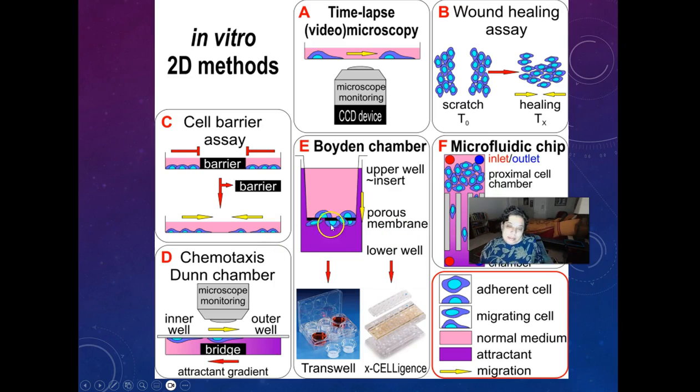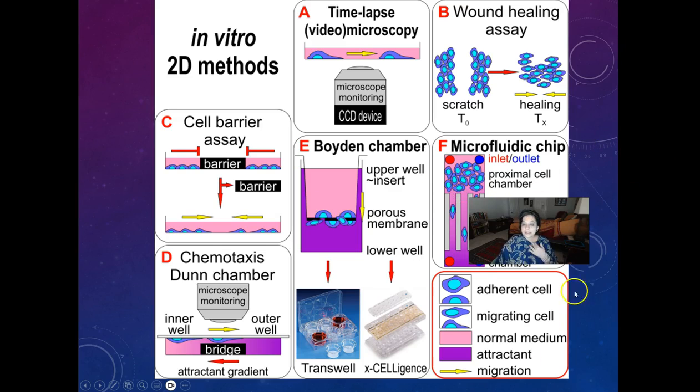As they do that, the cells will move to the opposite side underneath the membrane. You then remove the cells remaining on the top, and you stain and count the number of cells that made it across the barrier to the other side towards the chemoattractant, and you quantify it to examine how well these cells are able to migrate without any other help.